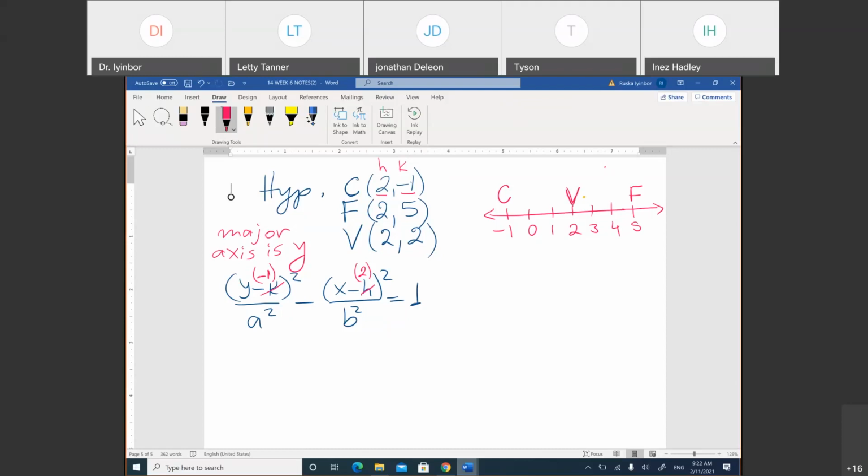Now we're going to count the steps. So center to vertex is what letter? A, B, C, what is it? What does the vertex give me? A, that's right. It's 3. And center to focus is what letter? A, B, or C?